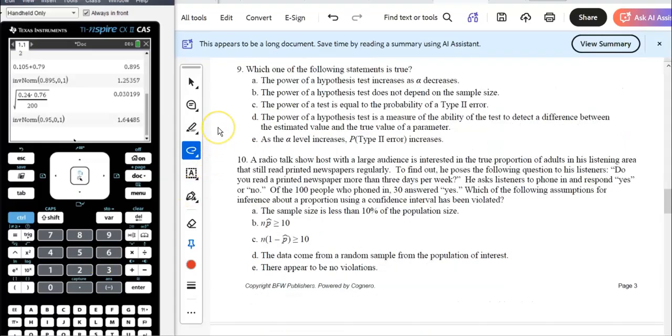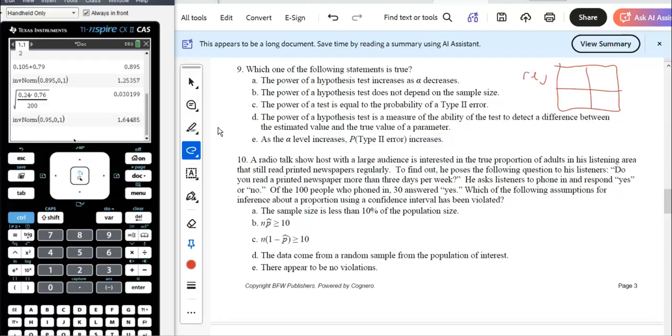Okay, number 9, which of the following statements is true? These are all about power. Power is something you definitely want to know about. What increases power? That's one of the big topics. The power of a hypothesis test increases as alpha decreases. Okay, so I just want to think about the chart. This just helps me.